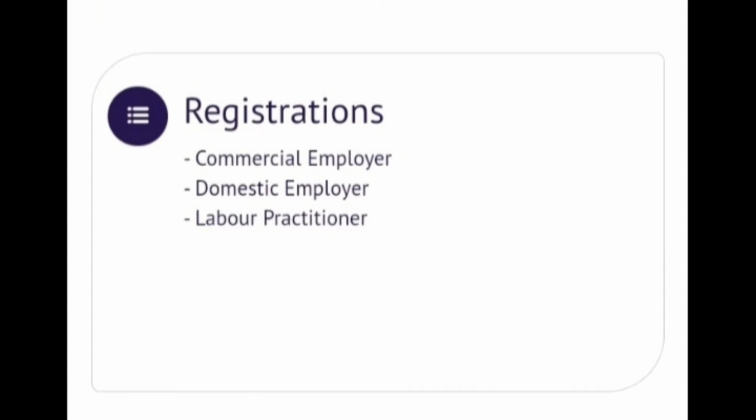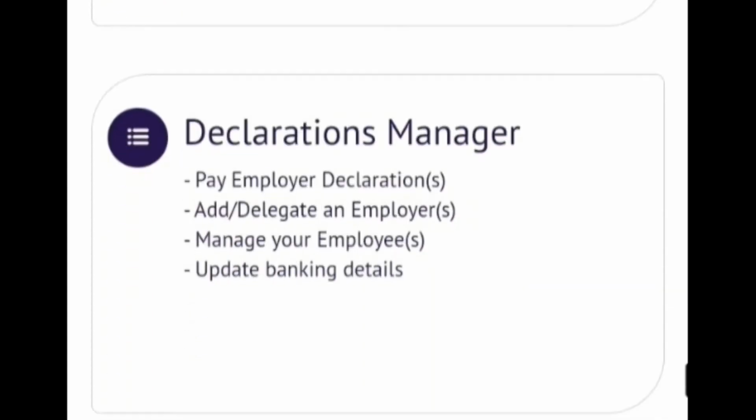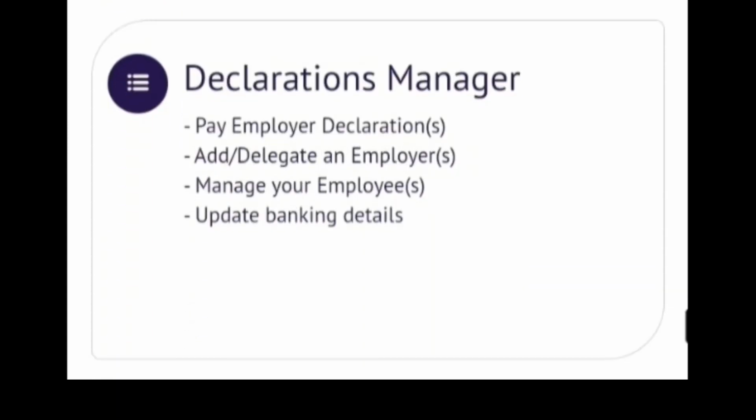All right. So the second function that we'll be getting is Declarations Manager. This is where you as an employee can go ahead and search for your employer on this page so that you can see what your declaration is. However, if your employer is not registered on the U-filing system, you will not be able to find the company.